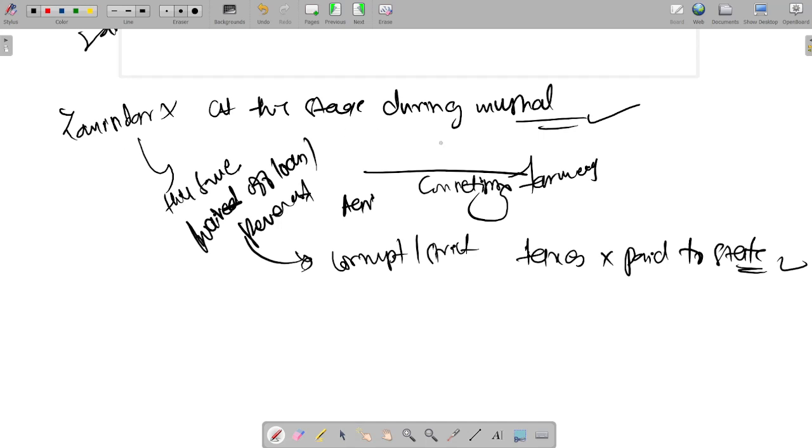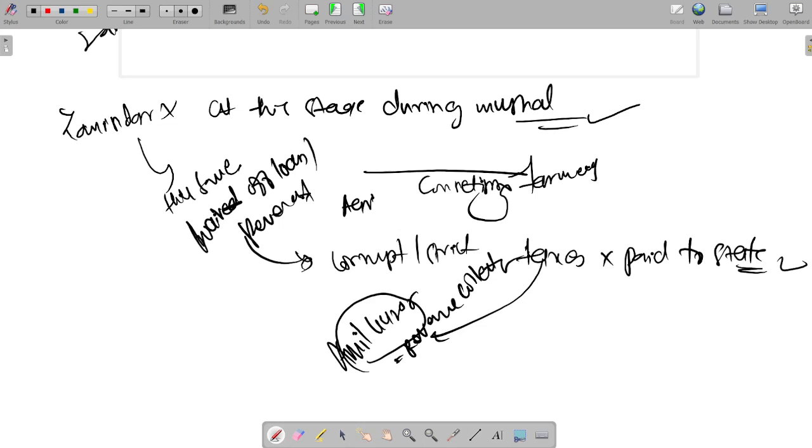Amil Guzar is a term given to the revenue collector in the Mughal era.